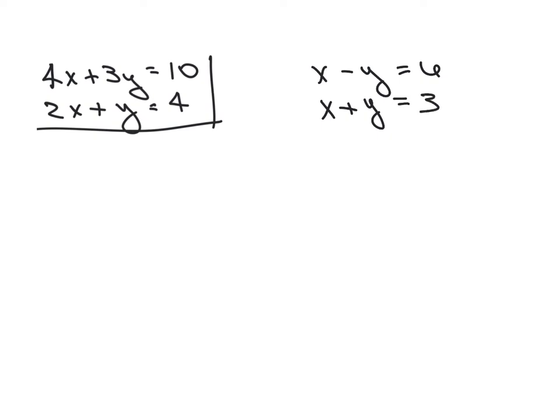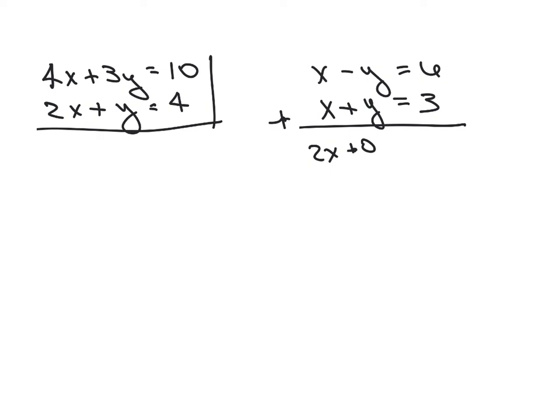So if I wanted to solve for x and y using the addition method, I draw a line, give myself a plus sign, and I add like terms. So I'm going to add x and x and get 2x. I'm going to add negative y plus y and get 0.